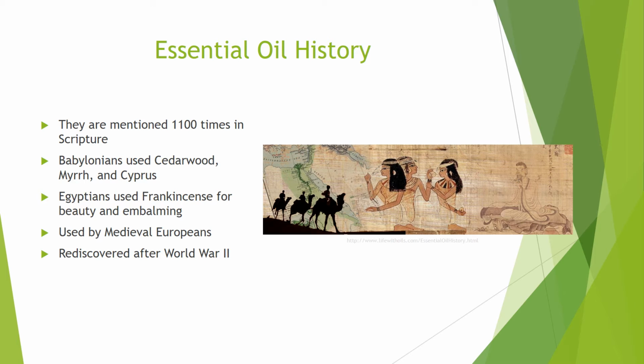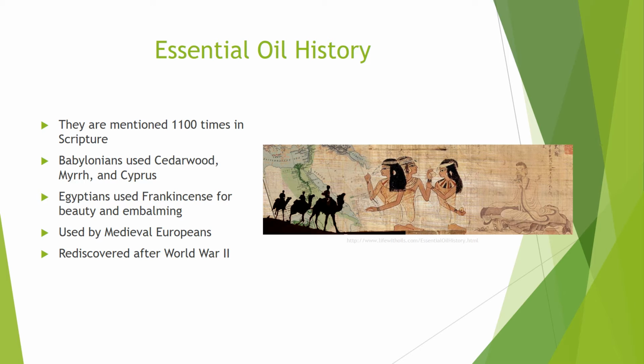Also, Pakistan and Rome used essential oils in communal bathhouses. And of course, gold, frankincense, and myrrh were very popular biblical gifts. So frankincense is sometimes referred to as the coconut oil of essential oils because it has over 10,000 uses.